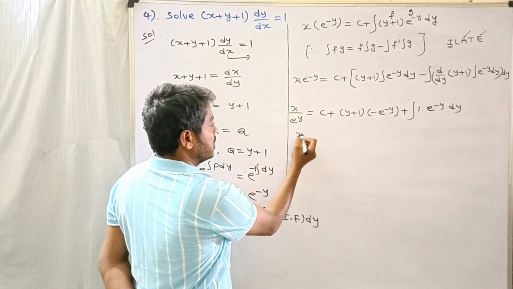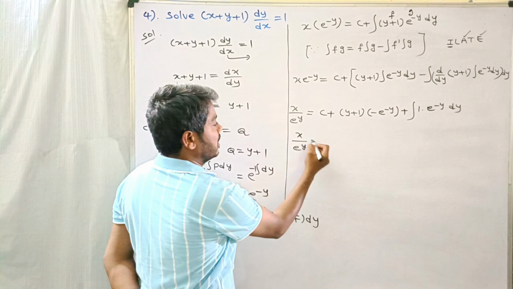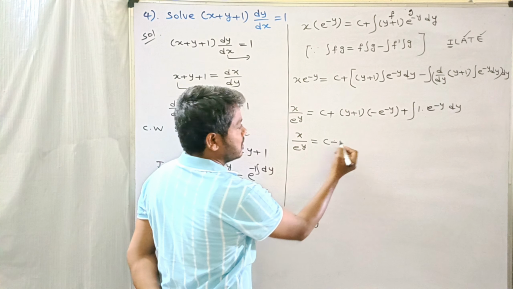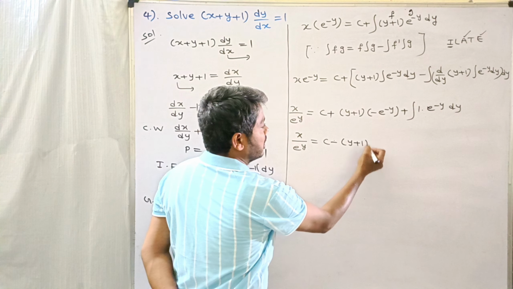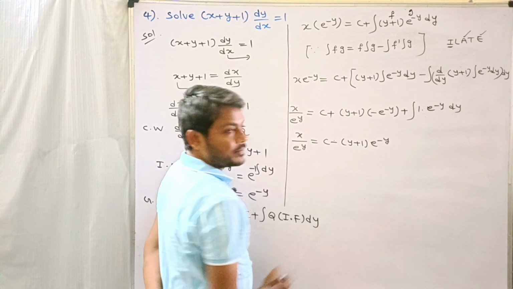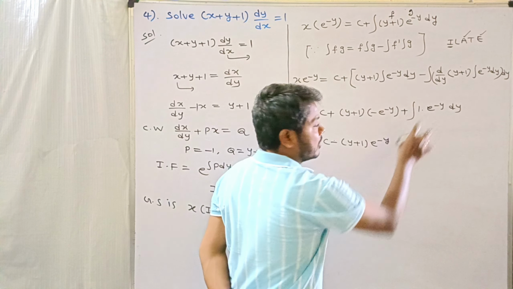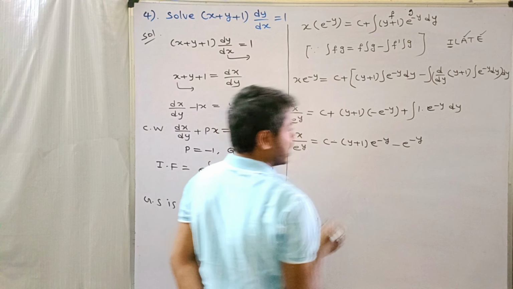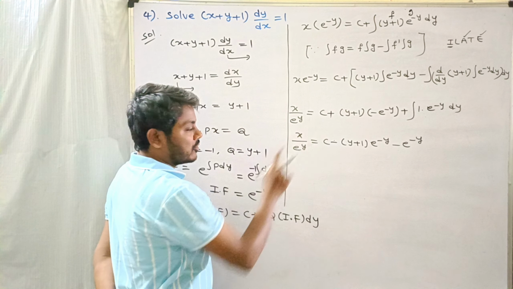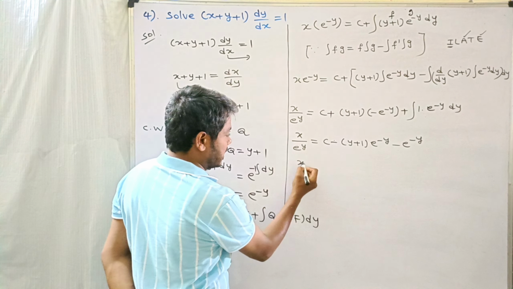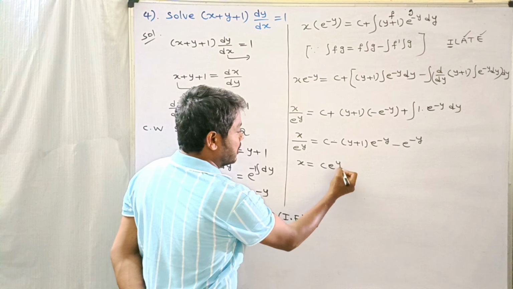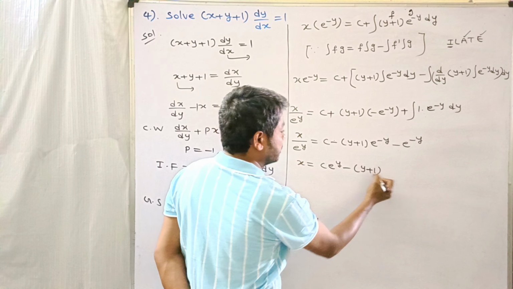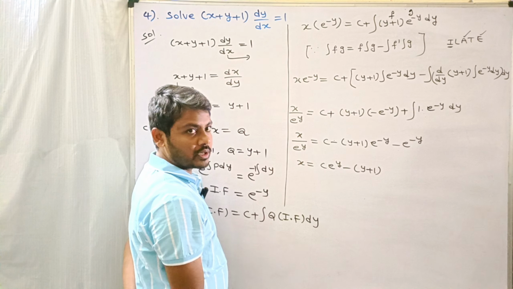So x by e power y equals c minus (y plus 1) e power minus y, and again integral e power minus y is minus e power minus y. Okay, we can send e power y to the right hand side. It becomes x equals c e power y minus (y plus 1) e power y into e power minus y.